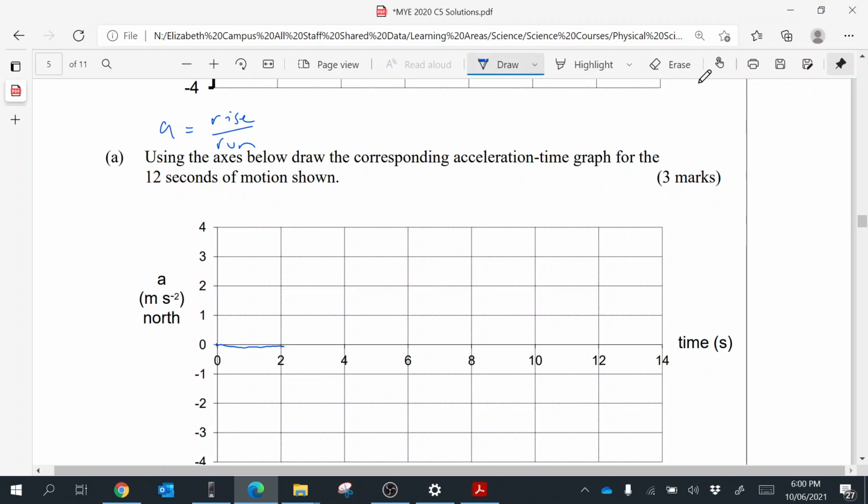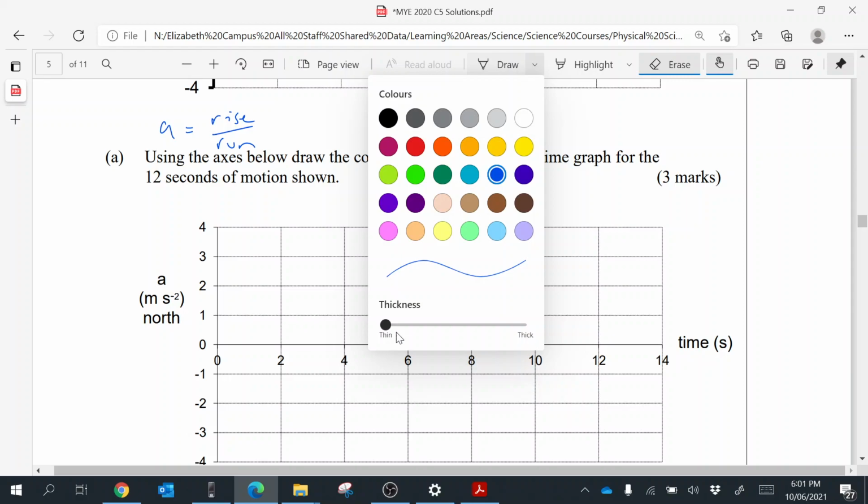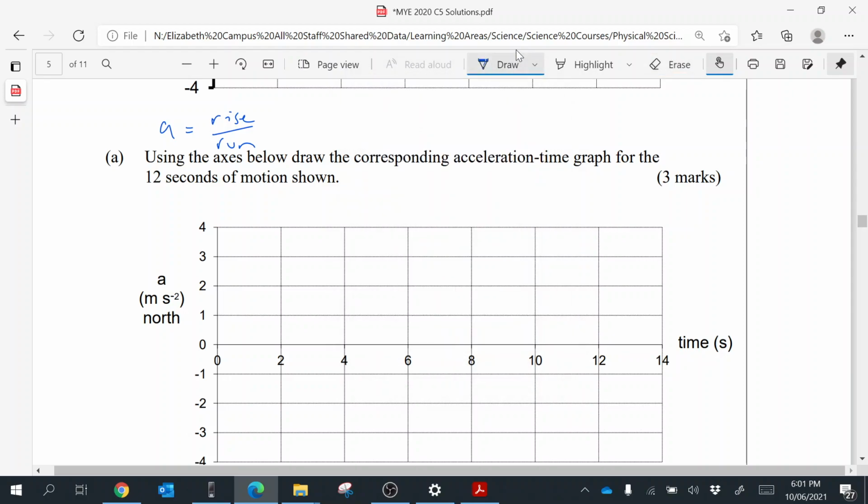That's disgusting. Hang on, I'm going to do one more try with this. I might actually make it a thicker line for this one. Let's see how this goes. That looks slightly better. 0 and 2.